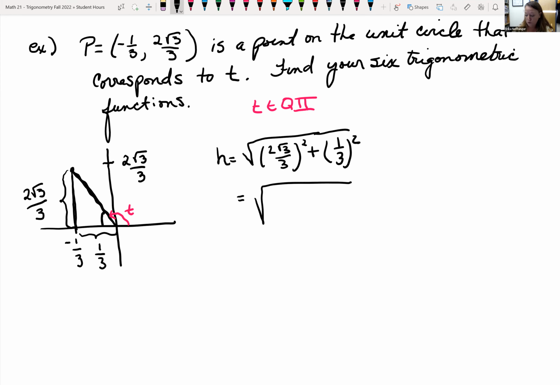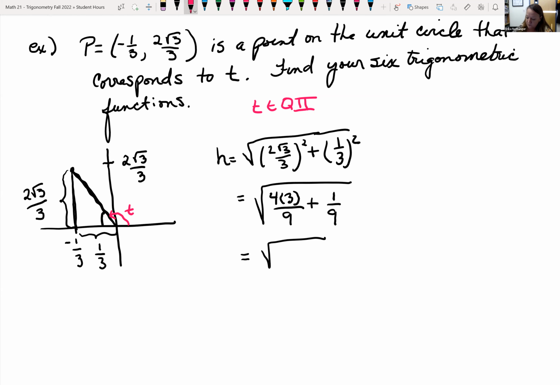Squaring 2 root 3 over 3: 2 squared is 4 times root 3 squared, which is 3, all over my denominator squared, which is 9, plus 1/3 quantity squared. Squaring the numerator I get 1, and squaring the denominator I get 9. I could reduce this, but I'm going to want to combine the fractions, and I already have a common denominator, so let's not do that.